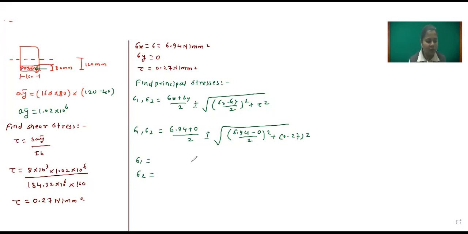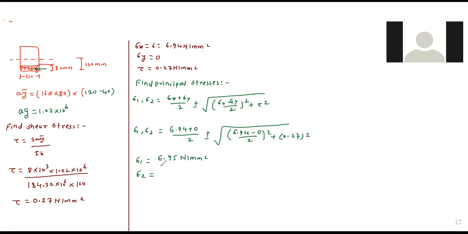Sigma 1 is equal to 6.95 Newton per mm square.